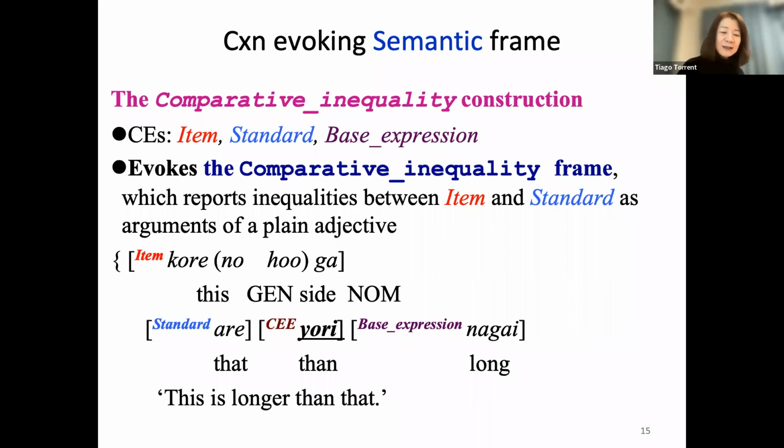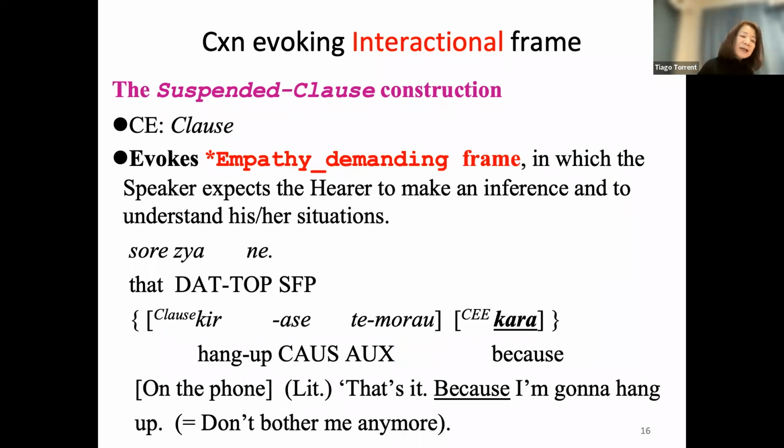So this sentence is an instance of the comparative inequality construction, and the sentence evokes the comparative inequality frame, which reports inequalities between item and standard as arguments of a plain adjective.